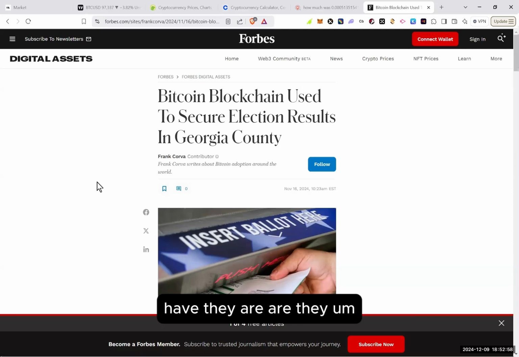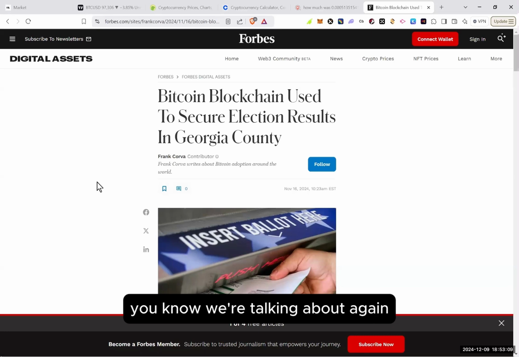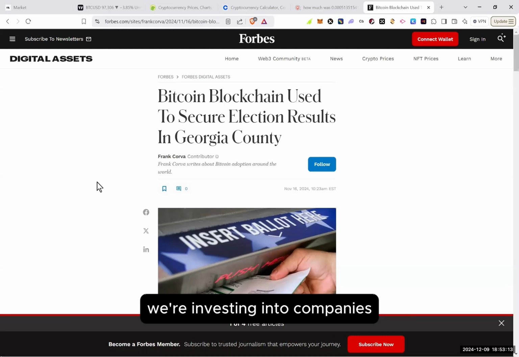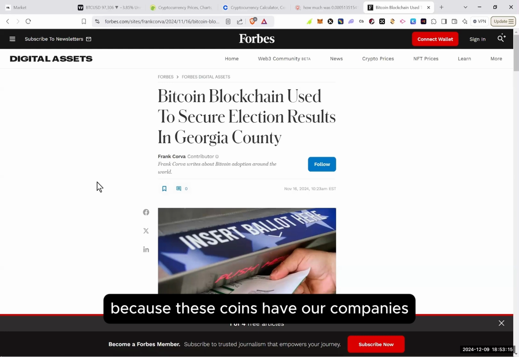Are they ex-Google developers? Did they come from another company? Are they running from something? All of that matters when we're talking about investing our capital, just like I say with stocks. We're investing into companies, because these coins are companies.